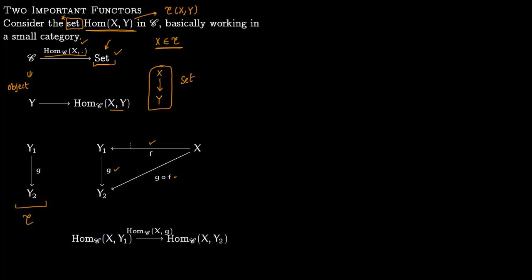So you're taking this arrow to this arrow via this map G. G is given to you, so you have to use G. So you're taking the arrow X to y1, this arrow right here, to this arrow via this map G. So instead of this dot we have put G here.